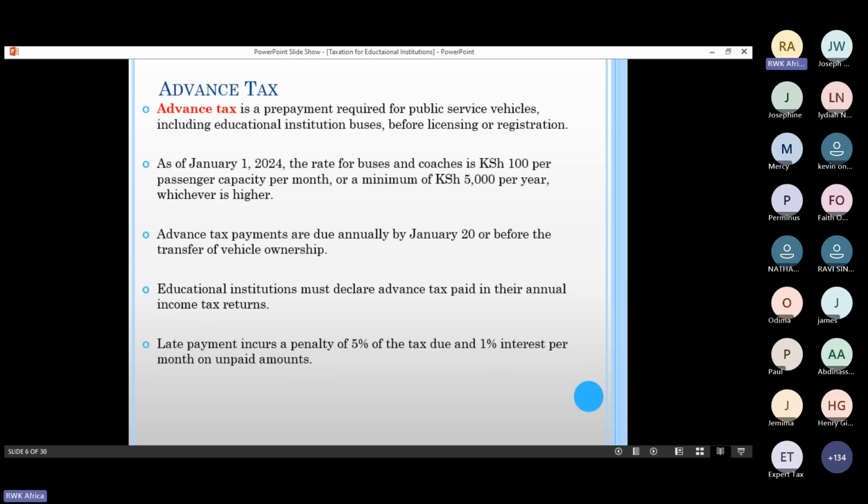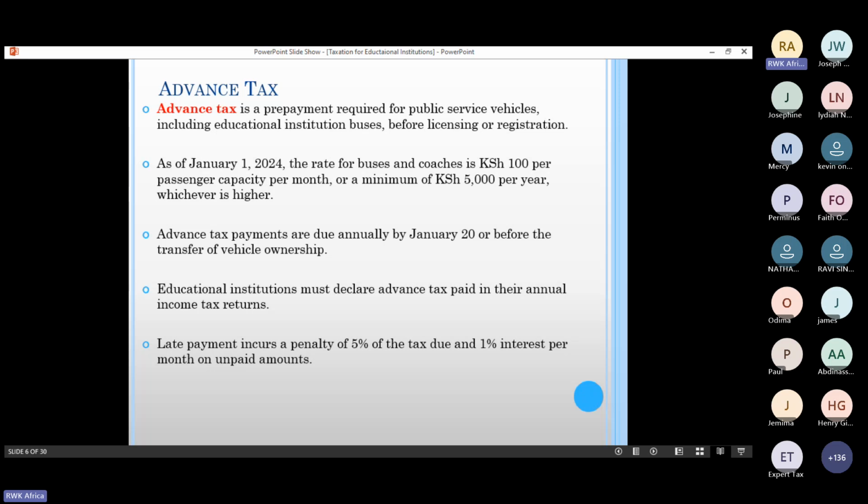The other tax is the advance tax. The advance tax relates to public service vehicles, and this includes the buses in schools and educational institutions, and any other motor vehicle that you have serving the public. The income that you receive from that motor vehicle is subjected to advance tax. This applies before licensing or registration.